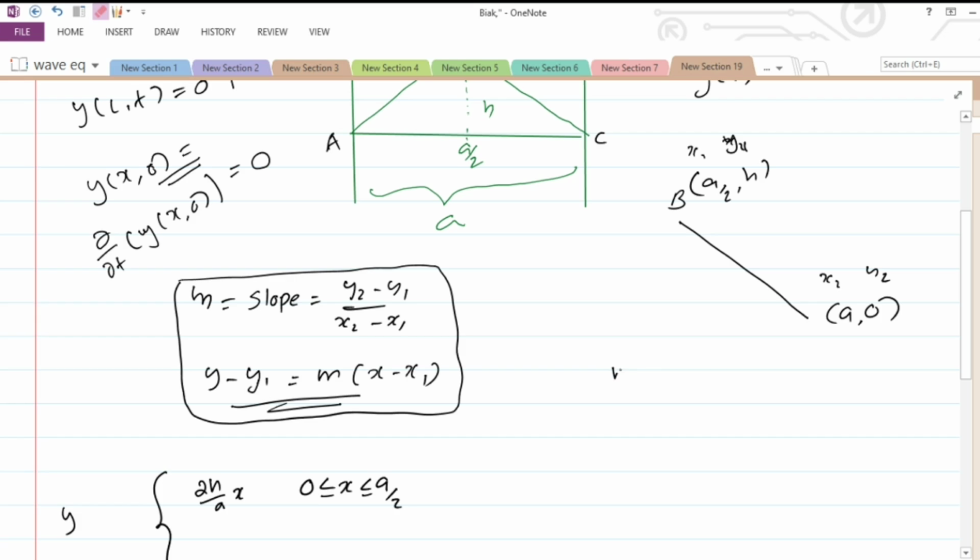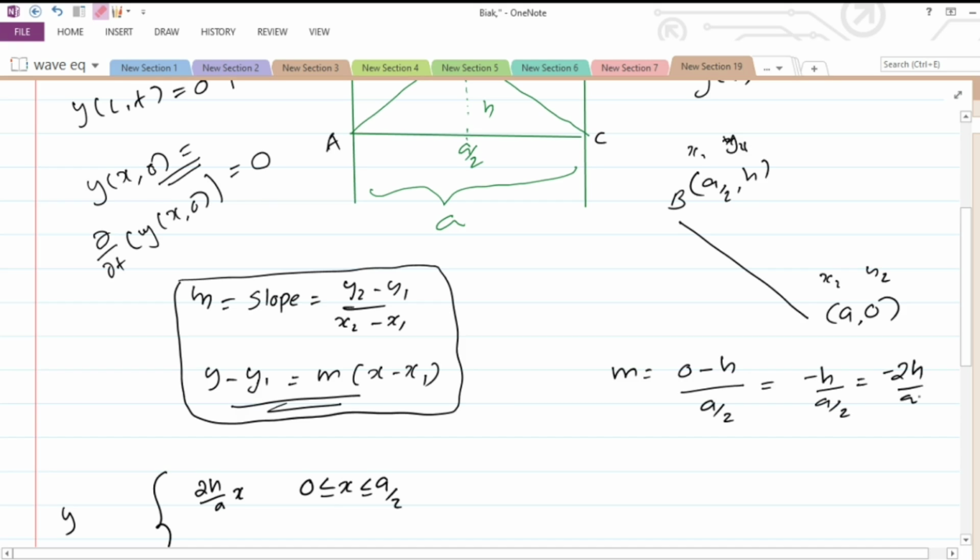The slope m is equal to y2 minus y1, that is 0 minus h, divided by x2 minus x1, a minus a by 2, which is a by 2. So m equals minus h by a by 2, which is minus 2h by a.